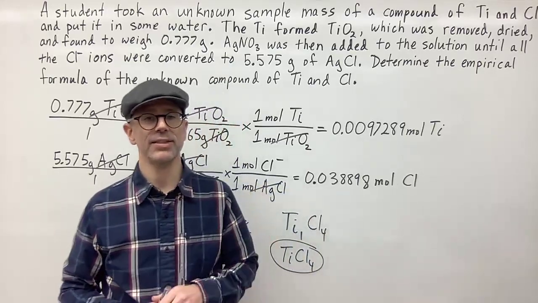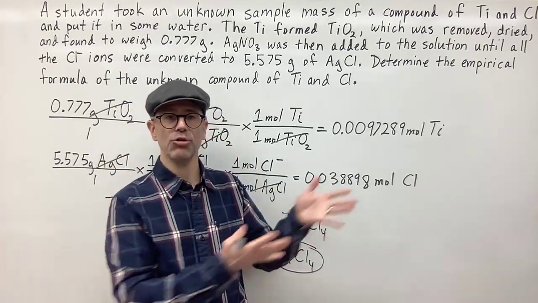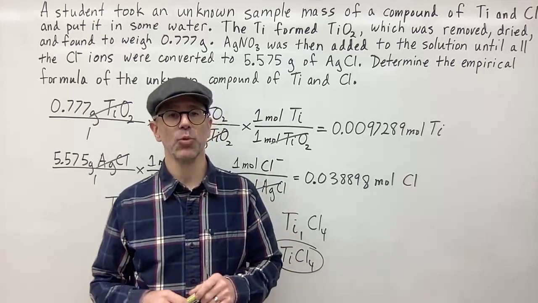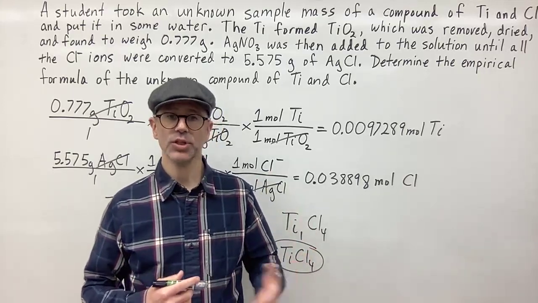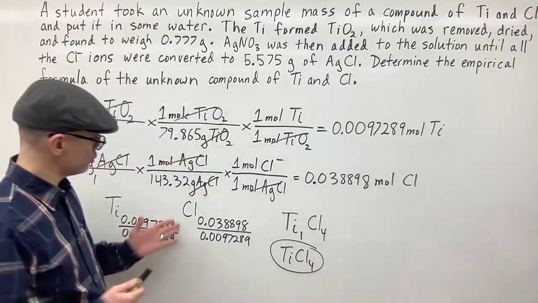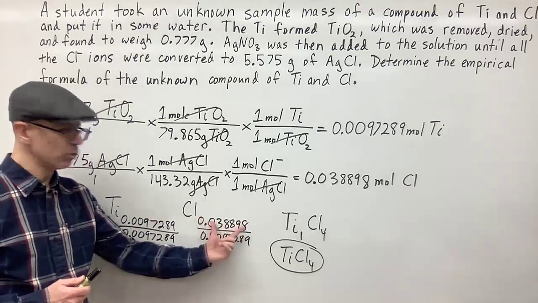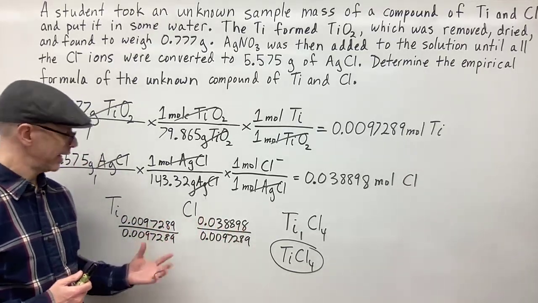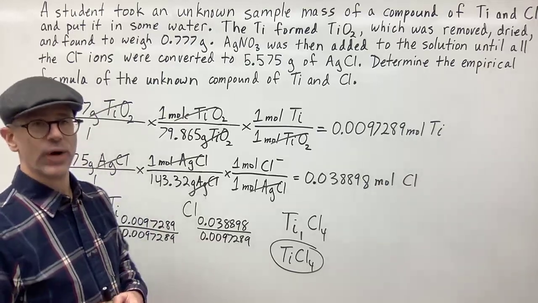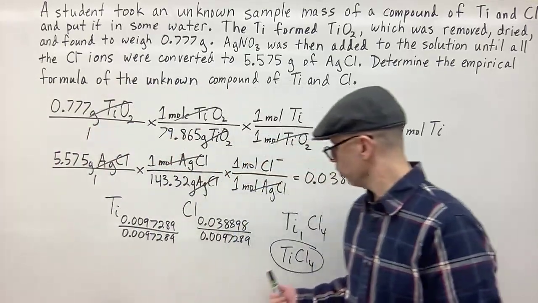If that is the case, then you can just take the amount of product and convert it to amount of the elements in the original substance. Once you get moles of the elements in the original substance, you set up your pseudo formula with the actual numbers of the moles that you calculate, and then just divide by the smallest one to get your ratio. And so in this case, we got 1 to 4.